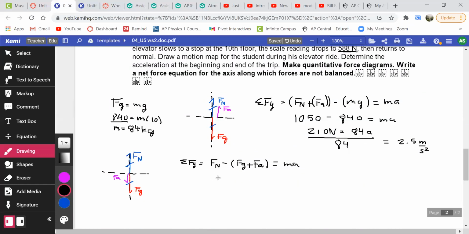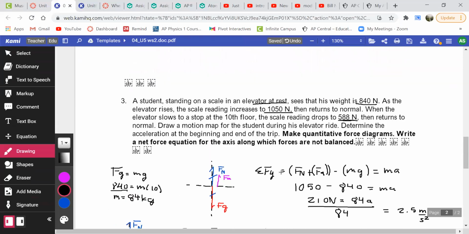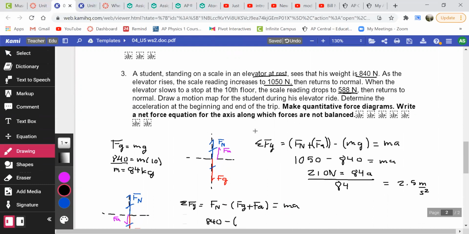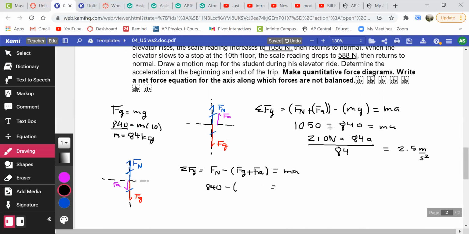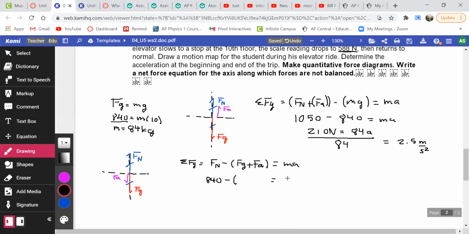So we have that 840 minus, well, what's this value right here? 588. So Fg here is, of course, 840.